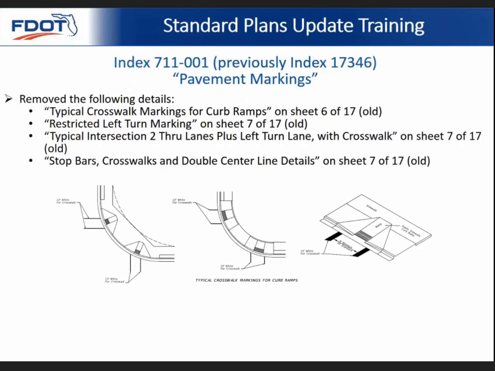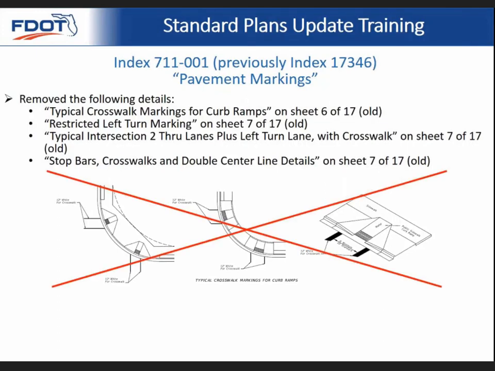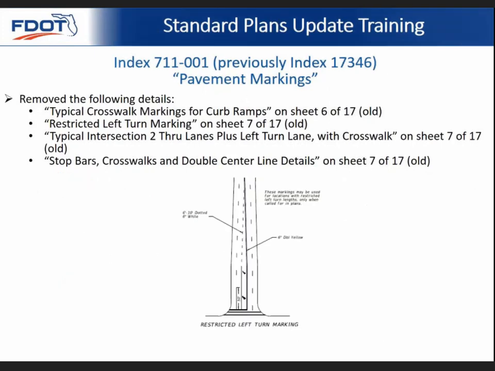This is a duplication of what is shown in the curb ramp standard plan. The restricted left turn lane marking on the old sheet 7 of 17 has been removed as well.